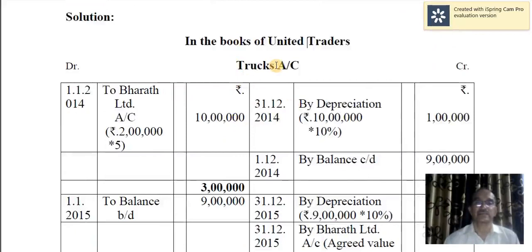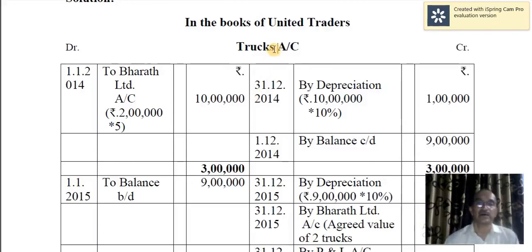Let us see how trucks account is maintained. Trucks account added to Bharat Limited account, so this is with cash price. It is a purchase on credit basis because you are not making immediate payment. Therefore, trucks account is debited, as the asset comes into the business.